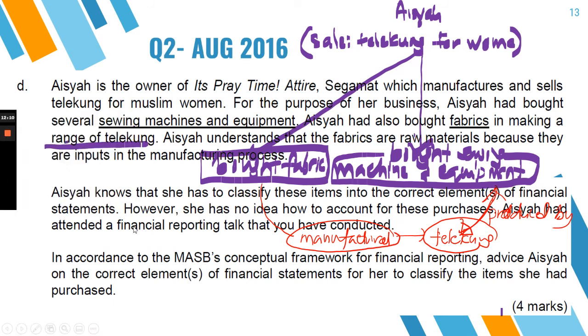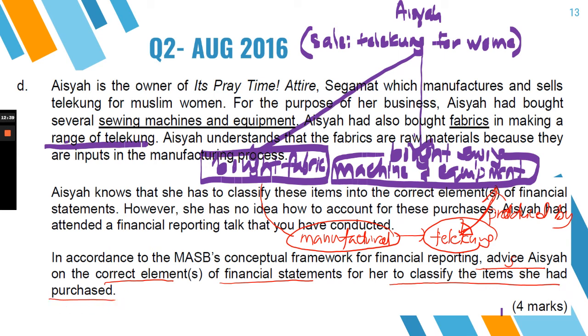So Aisha had attended a financial reporting talk that you have conducted. So you are the so-called trainer or expert, and you gave the talk, and in accordance with the MASB conceptual framework, you are to advise Aisha on how she should classify the items.